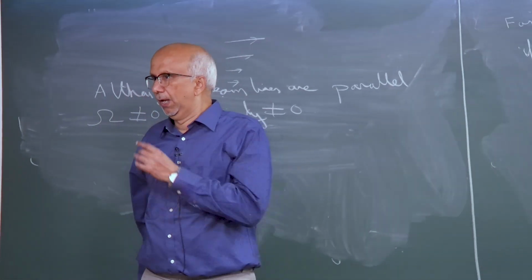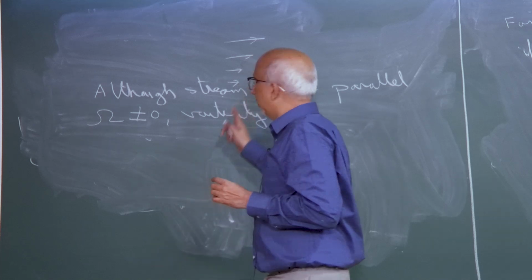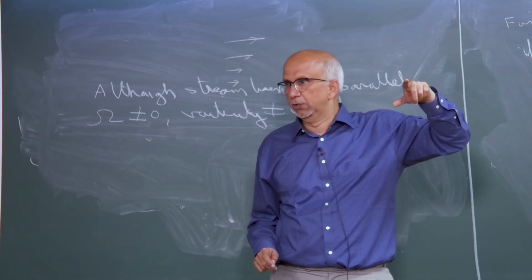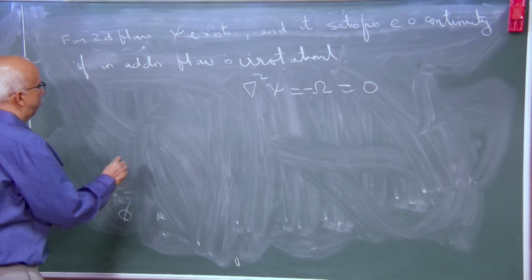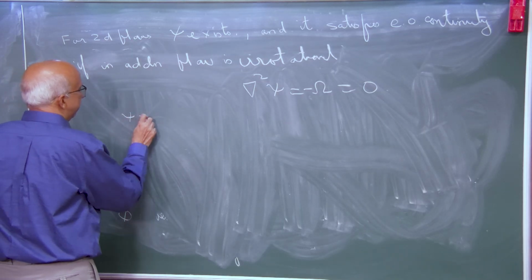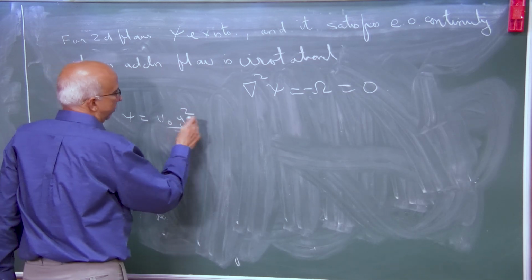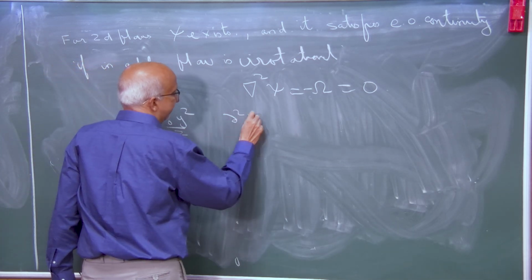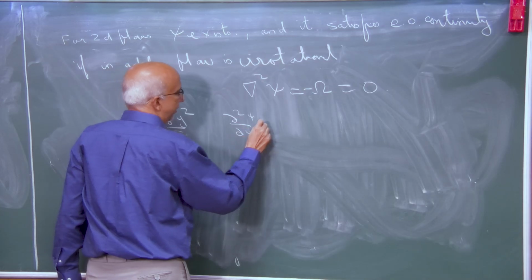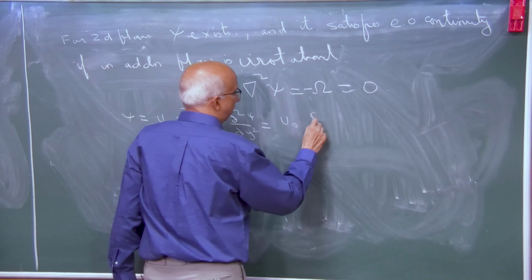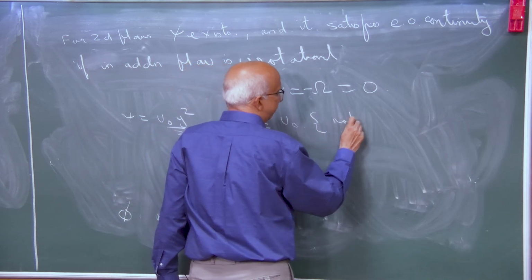And you can see in the earlier example, psi was u naught y squared by 2, I think. So, clearly d square psi by dy squared is equal to u naught, not 0.